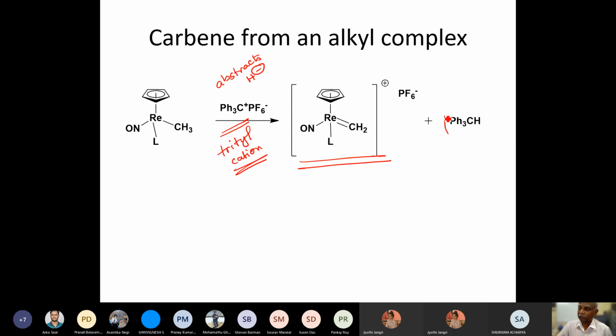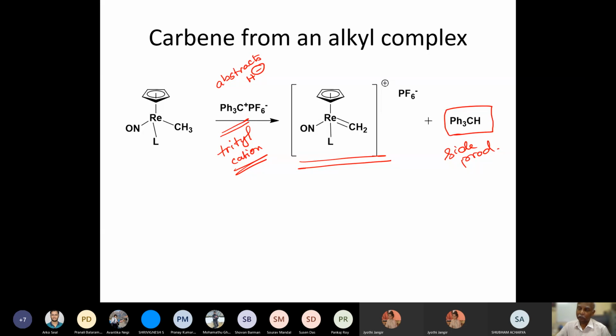And Ph3CH is what you have as a side product, an unreactive side product, which can be removed. But this is a way by which you can make carbenes from alkyl complexes.